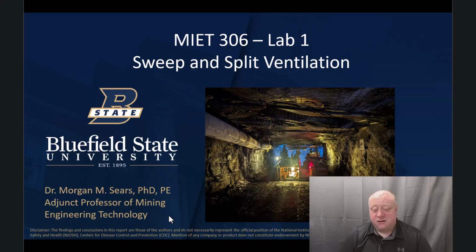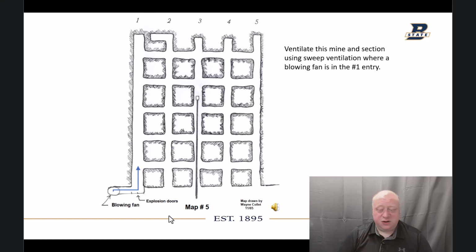So let's jump right into this, okay? The first thing I want to explain is that this is something you're going to be seeing on possibly the mine foreman exam. If you go that route into supervisory roles, you'll see stuff like this and have to be able to draw this onto a map.